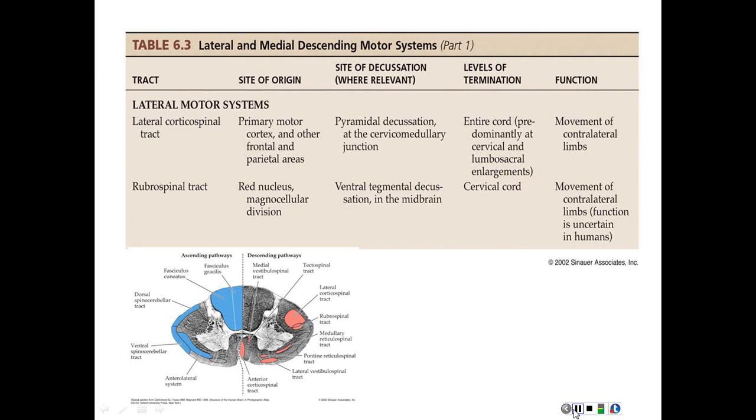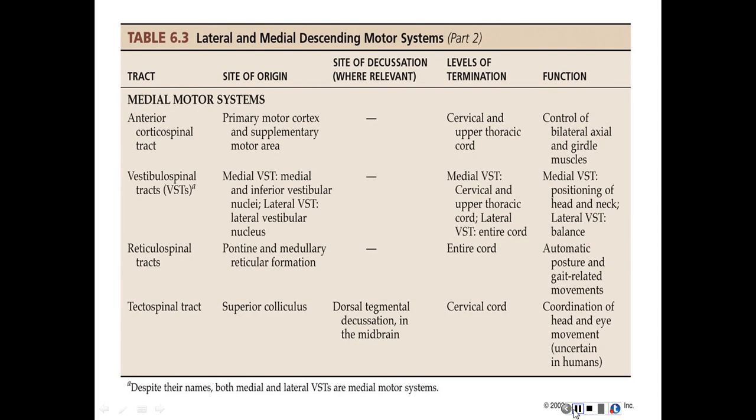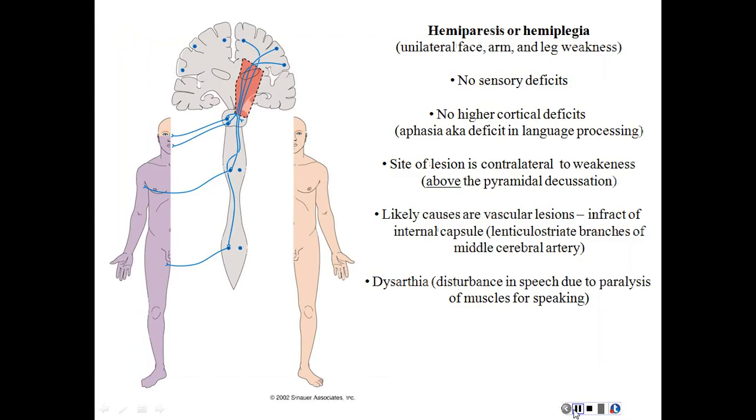You should be able to understand the pathway, where the axons go, where they terminate, what the function of the pathway is, etc. You should understand that there are other pathways that are about posture and gait and uprightness, and that's anterior corticospinal. With some other pathways, it is important, but it's certainly not as clinically relevant as lateral corticospinal is.